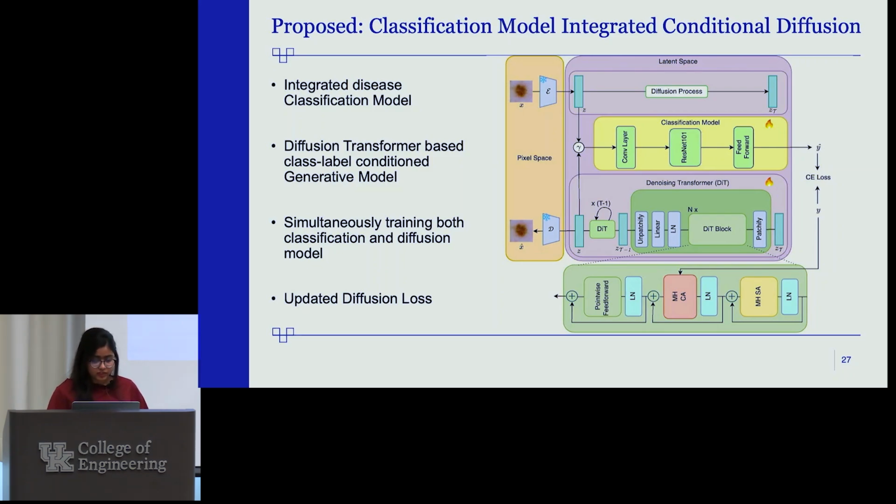It takes a class label, such as benign or malignant, and based on that class label it will generate corresponding dermoscopic images. Here we simultaneously train both the classification model and the diffusion model, and update the diffusion loss incorporating the classification loss.